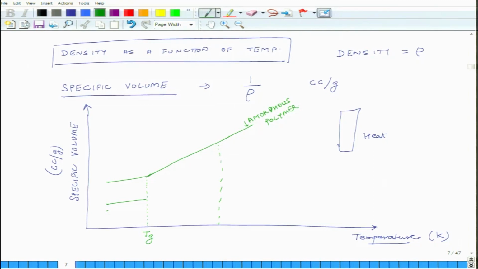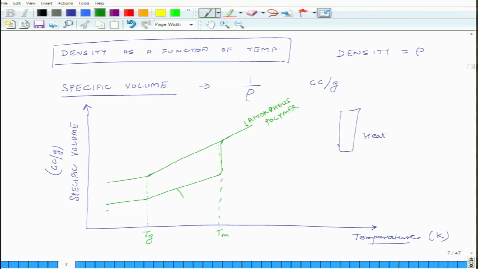and after the glass transition temperature has been crossed, then this also increases at a rapid pace. But once your melting point has been crossed, then all of a sudden it becomes like this. Okay.